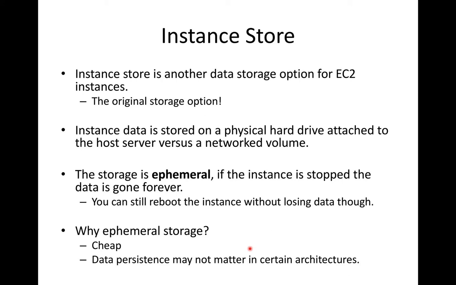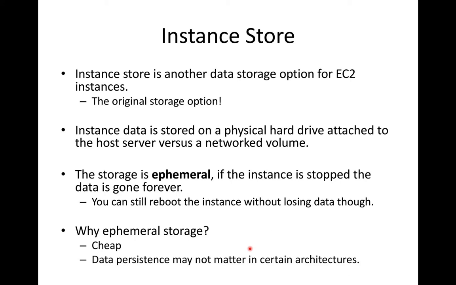With instance store, the data for the cloud server is stored on the same physical server where the cloud server virtual machine is running. It's literally installed on the hard drives that are attached to the physical server where the virtual machine is running.